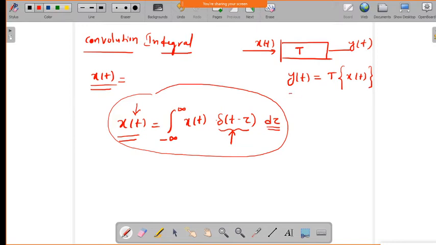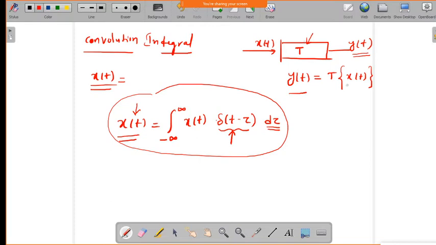Here x of t is the input signal, y of t is the output signal, and T is the system, which gives a particular response to an input signal.